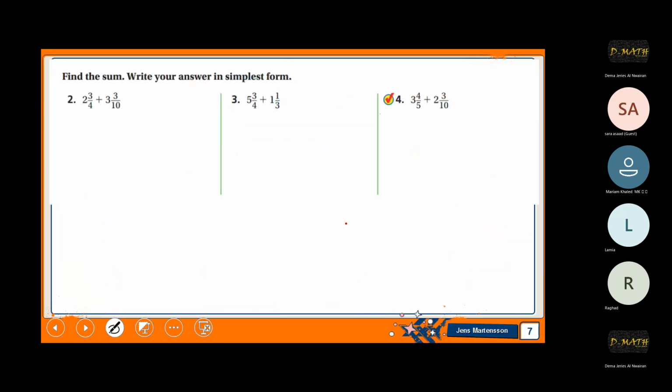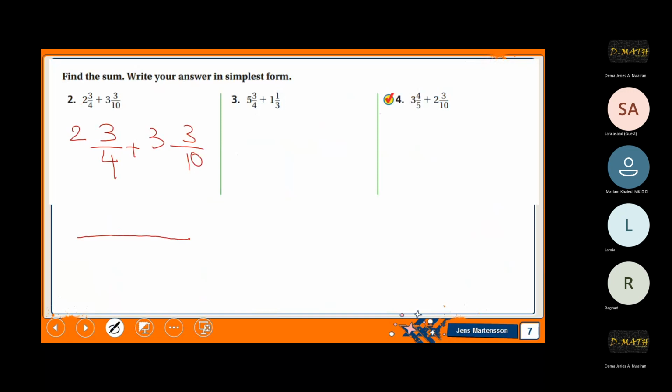Now, let's solve this one here. 2 and 3 over 4 plus 3 and 3 out of 10. Now, let's rewrite it here. 2 and 3 over 4 plus 3 and 3 out of 10. Yes, Yona.